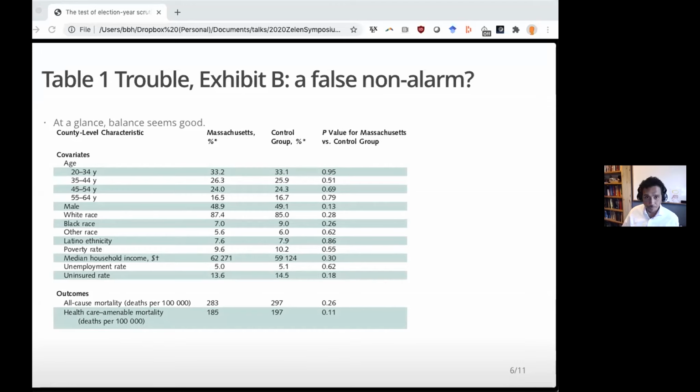And things look pretty good if you compare on a column by column basis, Massachusetts to control. And also if you look at it from the perspective of the p-values that are presented in this table, those are in that third column over there.